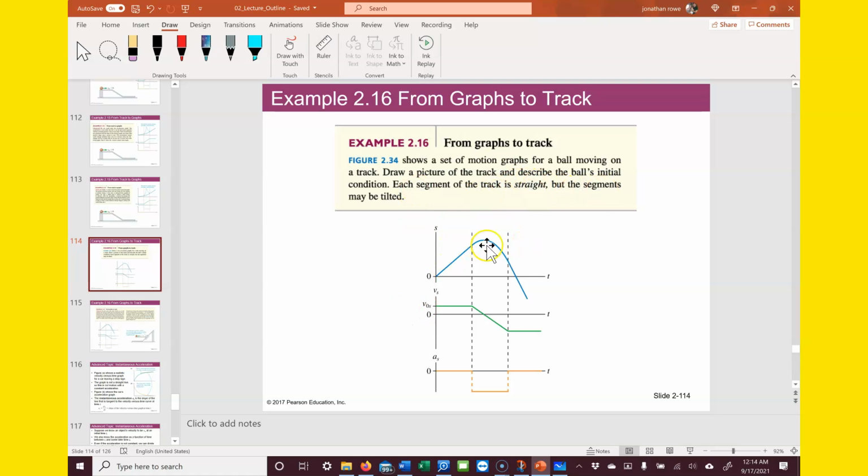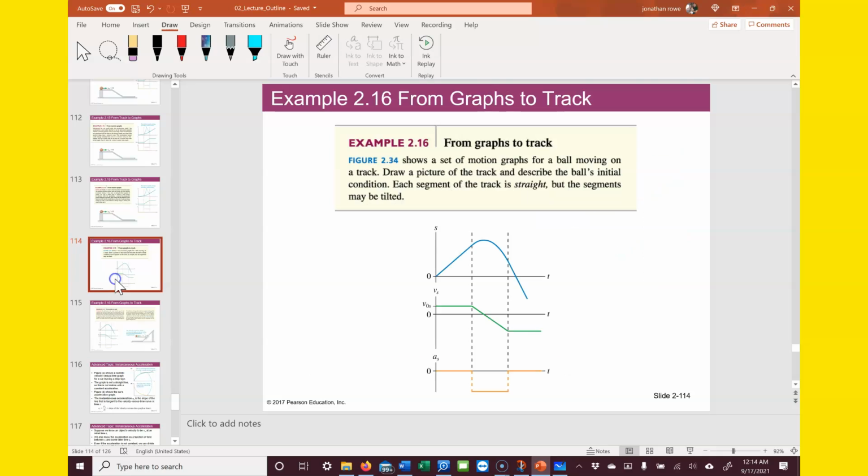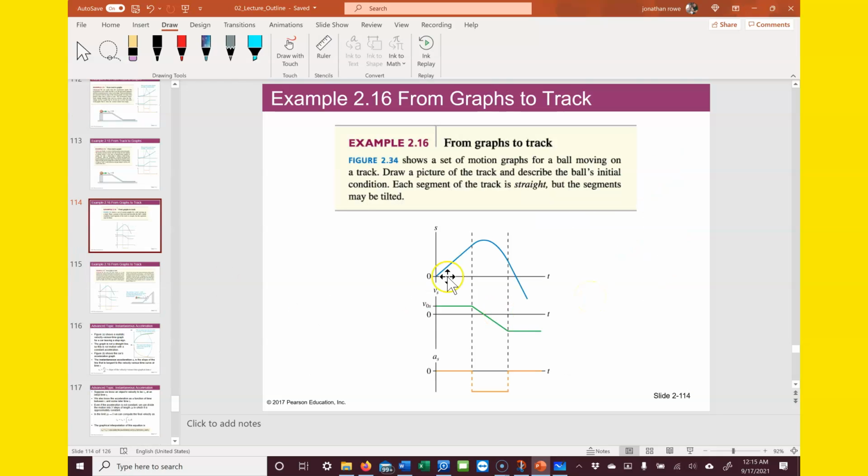So this time we're given the position, velocity, and acceleration graphs, and we're told to sketch the track. Before, it gave us the track and we had to sketch the graphs, but now we're given the graphs and we're supposed to sketch the track that would be associated with those graphs.